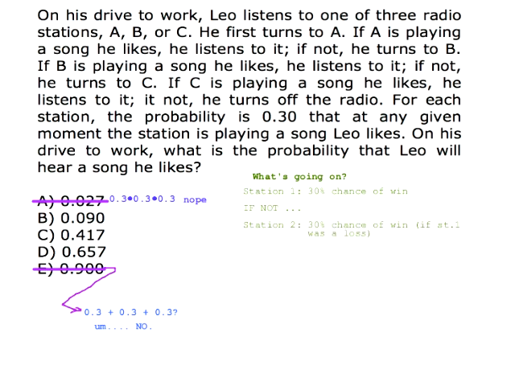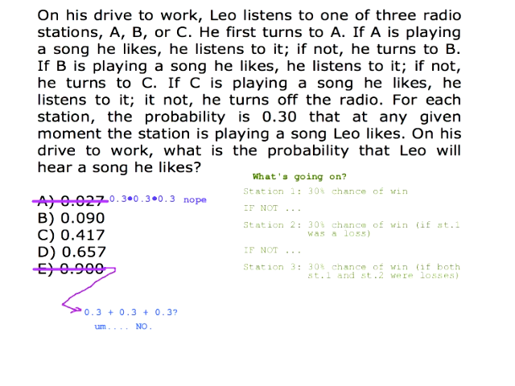And then if not, you lose that one too. Then you turn to the third station, which is a 30% chance of a win if both station 1 and station 2 were losses. Okay.